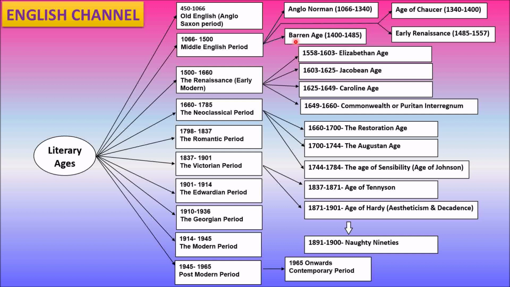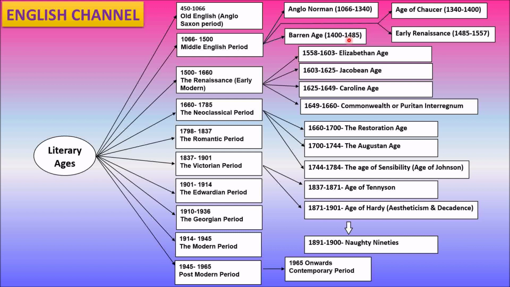Baron Age begins from 1400 to 1485. Friends, 1485 is the most important date in English literature because in this time period Morte d'Arthur, the first poetic prose or poetic romance, by Mallory, came in 1485.